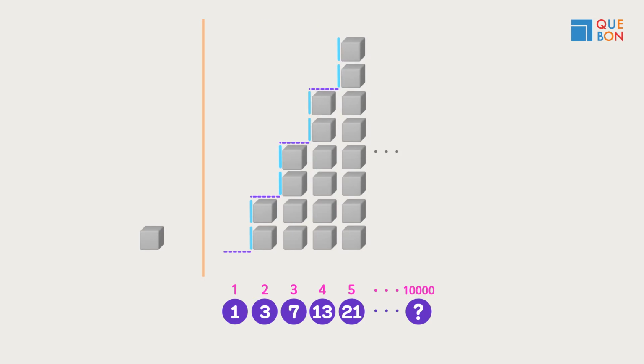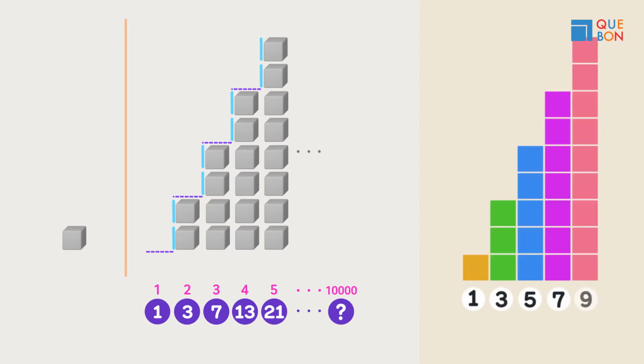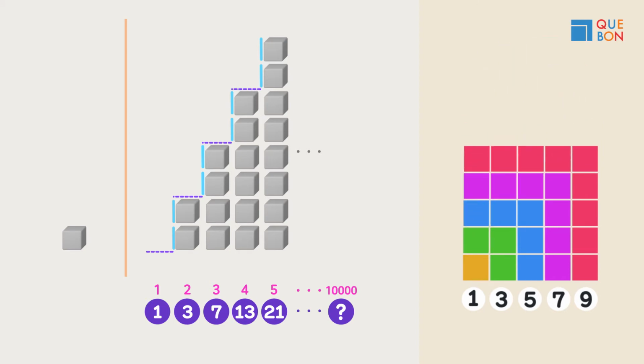What's the first thing that comes into your mind when you think of numbers increasing by 2? 1, 3, 5, 7, and 9. Why? If we add these up, we get squares. 5 squared. However, this here is 0, 2, 4, 6, and 8. So what do we have to do?